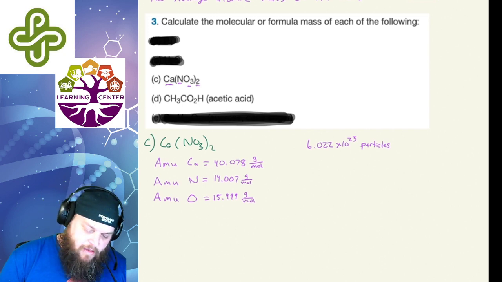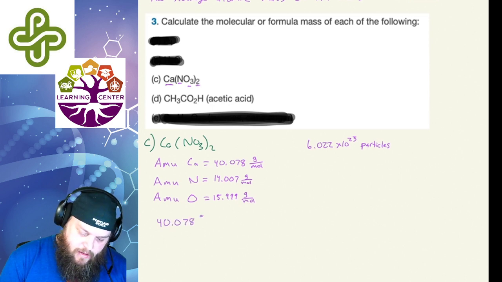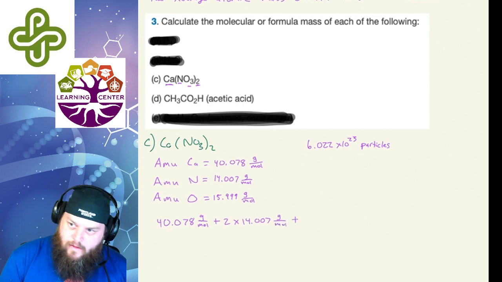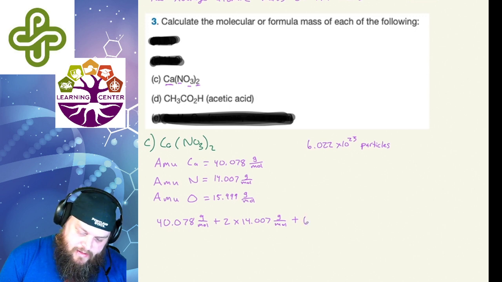So we can add all those up now by saying, I'm just going to write it all down, 40.078 grams per mole plus 2 times 14.007 grams per mole plus, and that was 6 times 15.999 grams per mole.